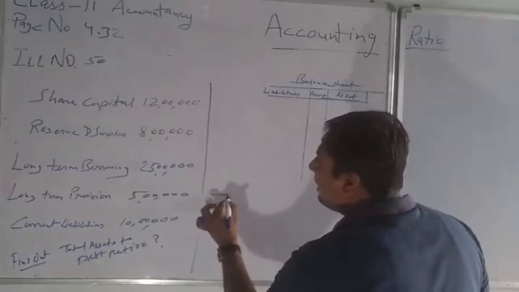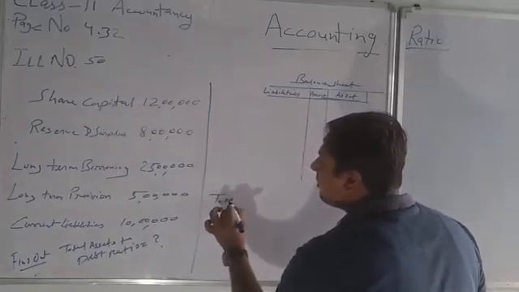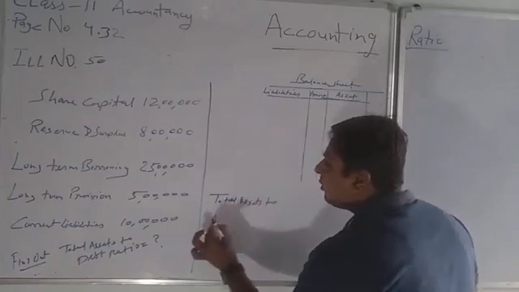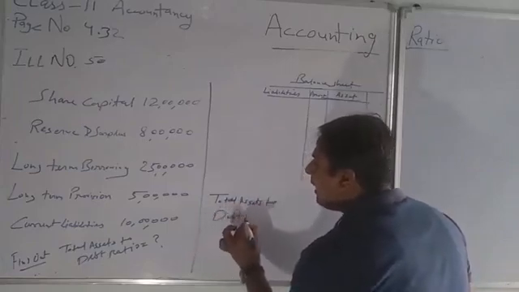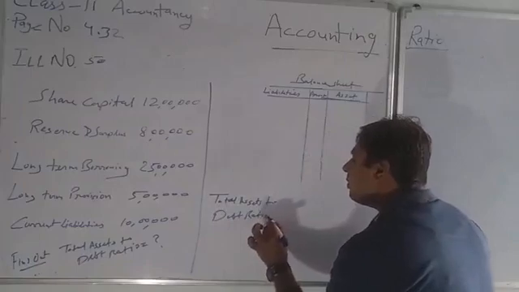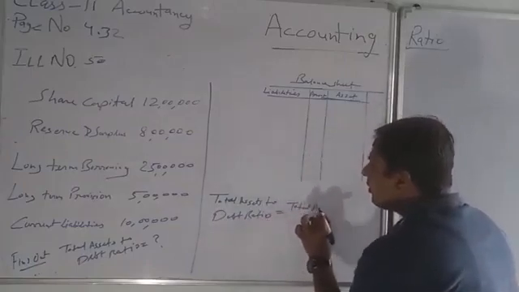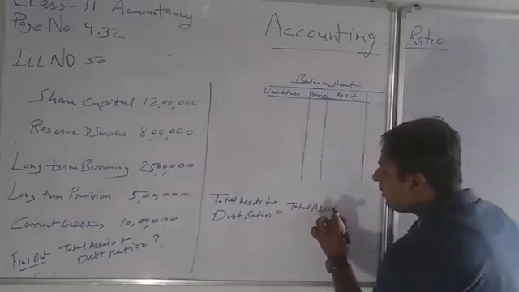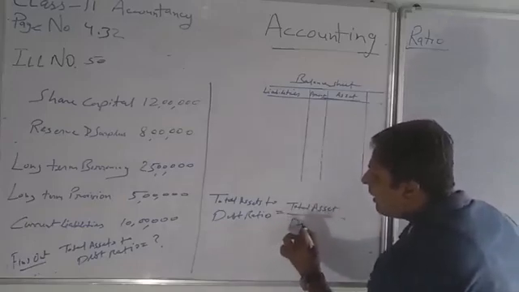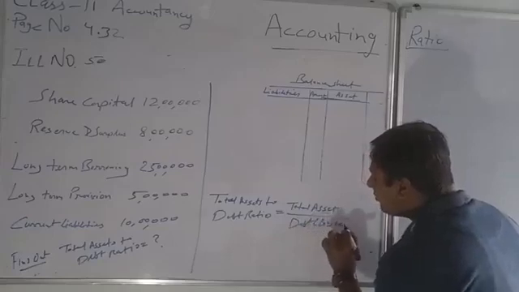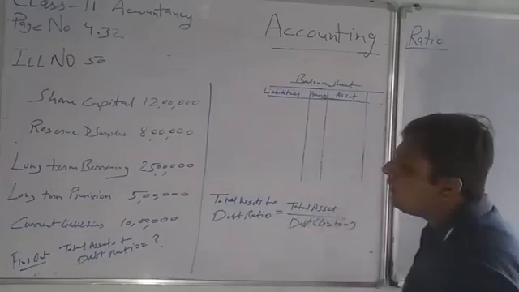Here I am writing total assets to debt ratio is equal to total asset divided by total debts. Debts means long term. That has to be specified.